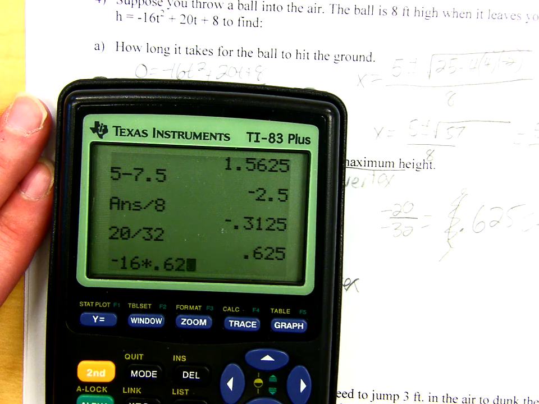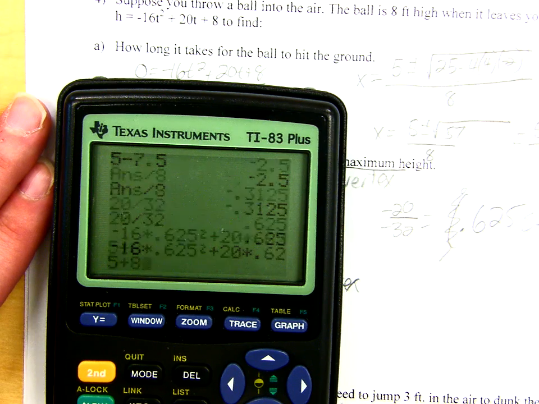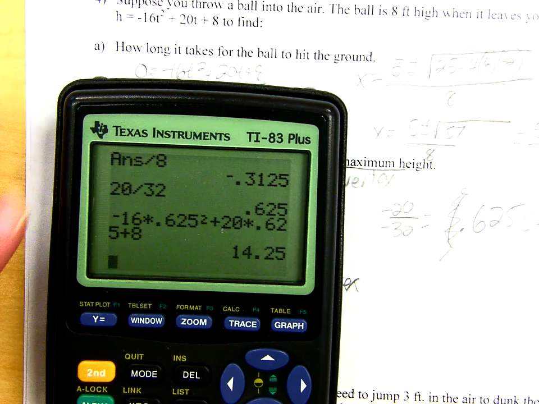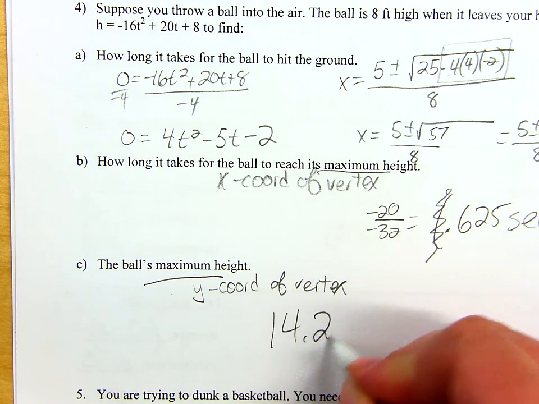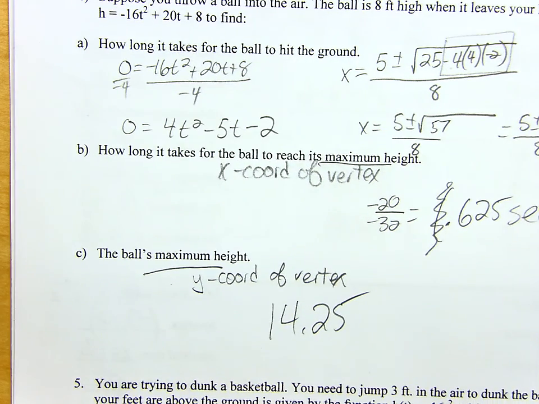So negative 16 times 0.625 squared plus 20 times 0.625 plus 8. 14.25 feet is the highest this thing ever gets.